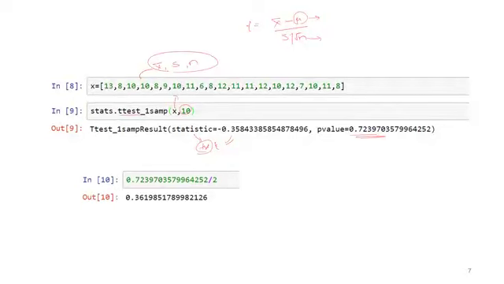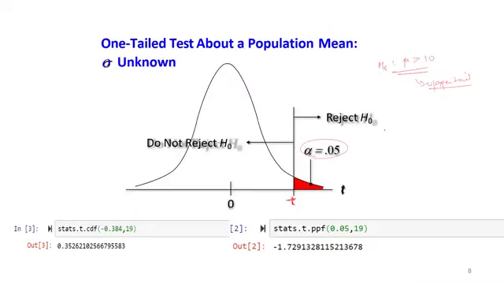So this is my p-value. If it is a one-tail test, you directly compare it with the alpha value. If it is a two-tail test, then you divide this p-value by 2 and then compare with alpha by 2, or else you multiply this p-value by 2 and then compare with the alpha value.